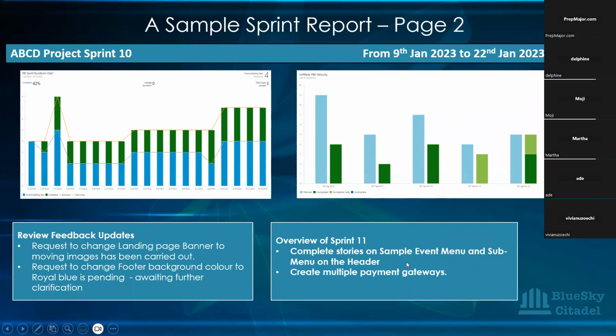So looking at it now, it looks as if it's just 2 stories. No, this is just saying this is our goal in the next sprint that we're going to. So stories that tally with this goal in sprint 11 are what they're going to commit to.